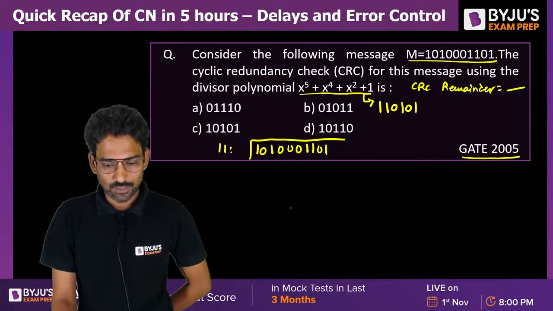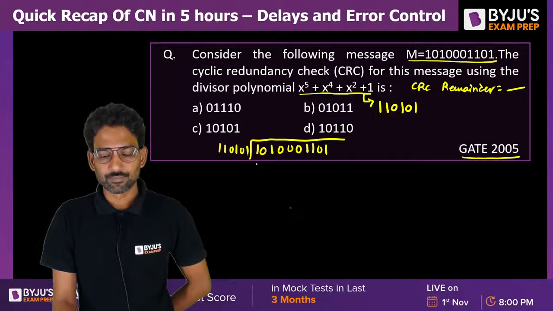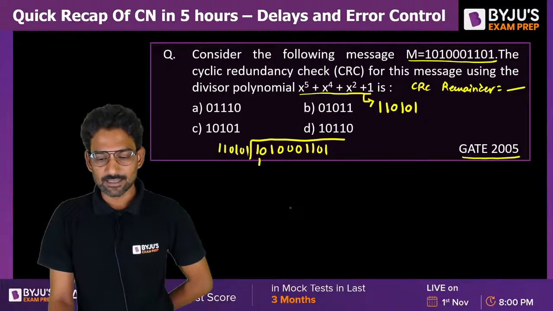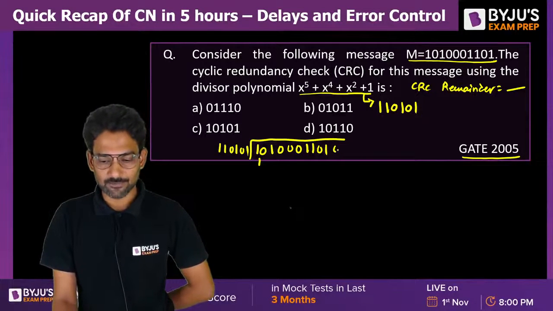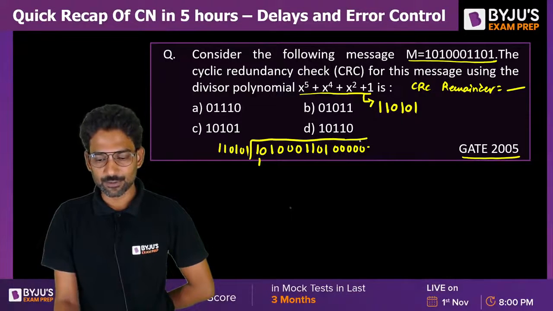So 110101. Do XOR. Before that, as the divisor has 6 bits, append 5 zeros to the message.